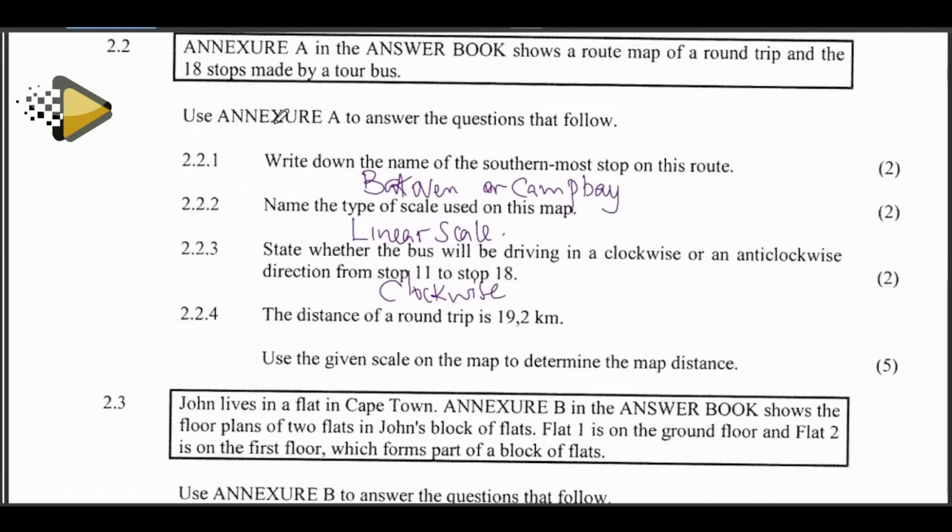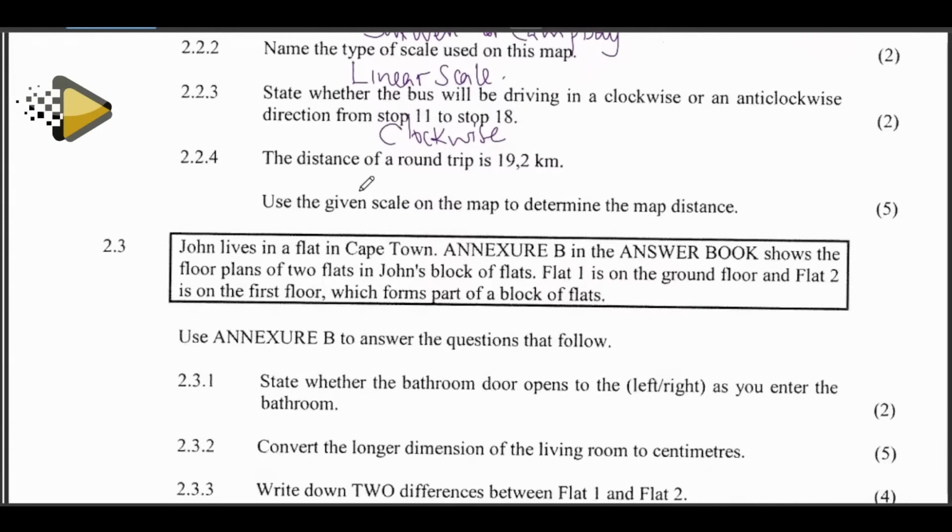The distance of the trip is 19,2 kilometers. Use the given scale on the map to determine the map distance. In other words, this is the actual distance, but we need it on the map. So you measure the bus scale. When I measured the scale, I got 12 millimeters.